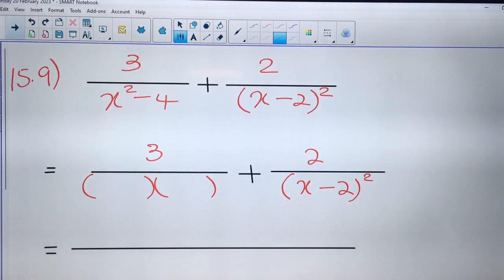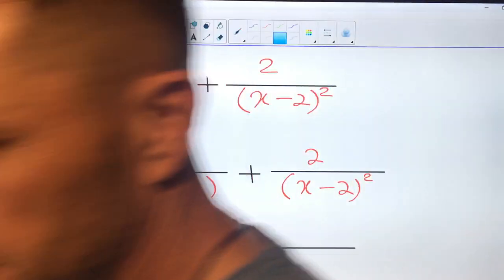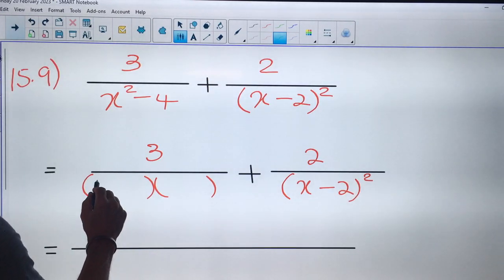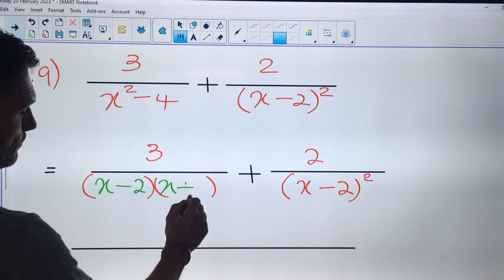Okay, this one is for you. I'm going to rush this one a bit because we're almost out of time.